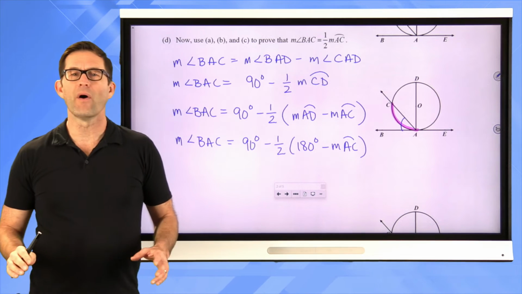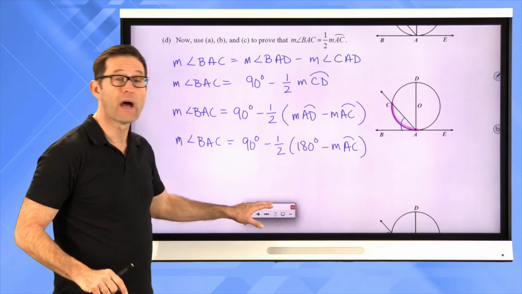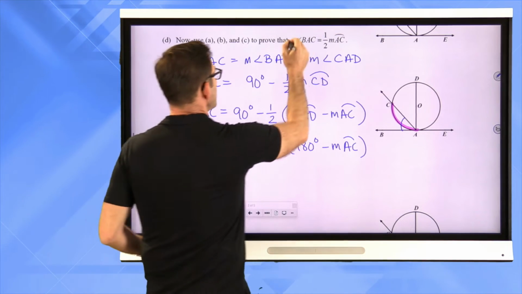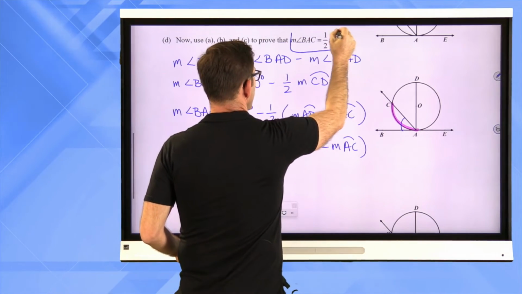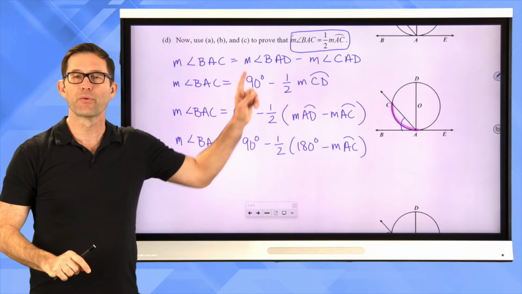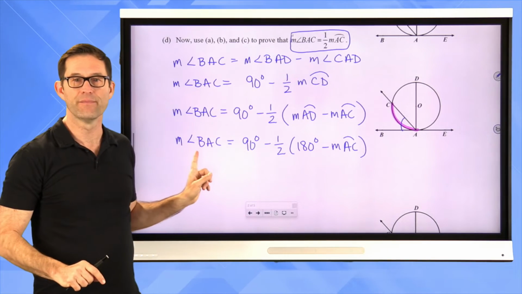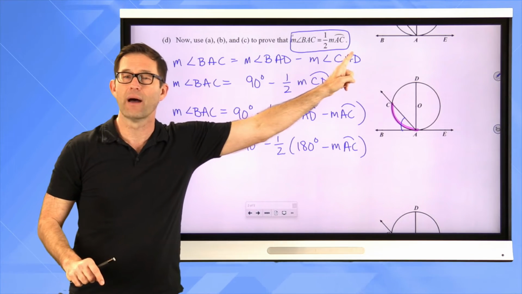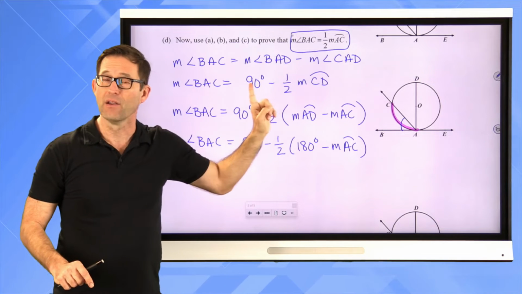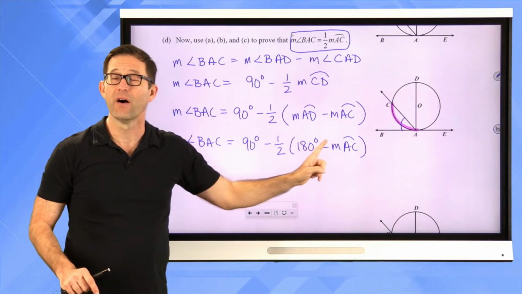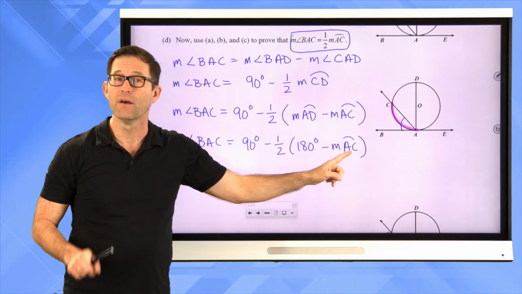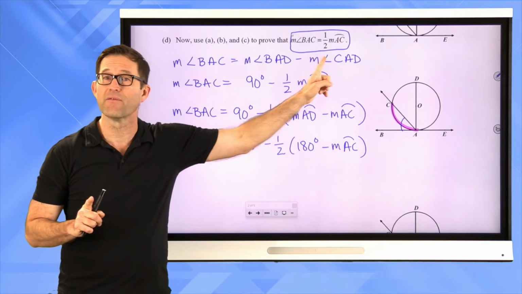Now, before we move on and really effectively finish out our proof, always keep in mind what you're trying to prove, right? I'm trying to prove that the measure of angle BAC is equal to 1/2 times the measure of arc AC. And look, I've got my 1/2, I've got my arc AC, so I'm getting very close.